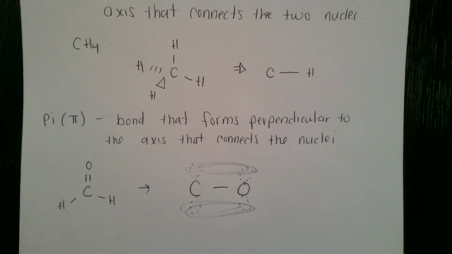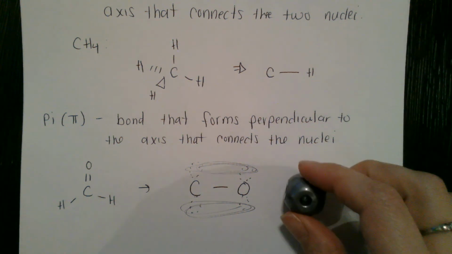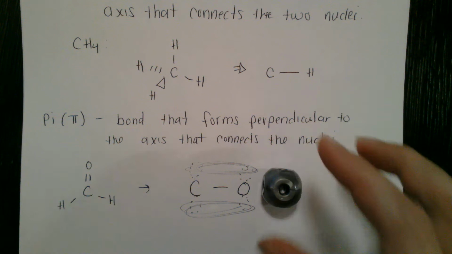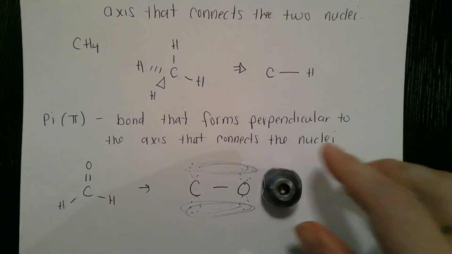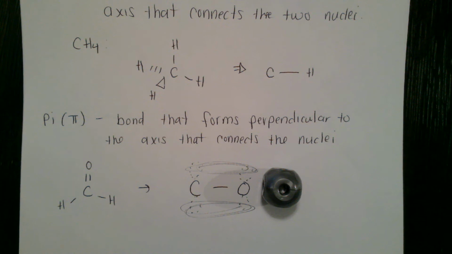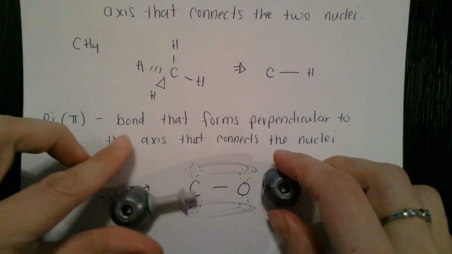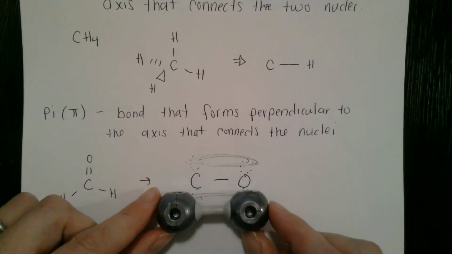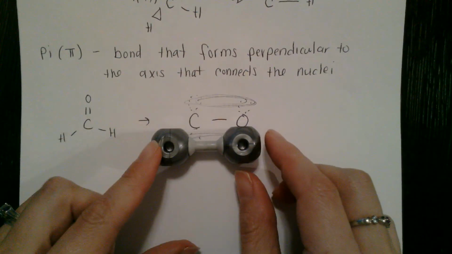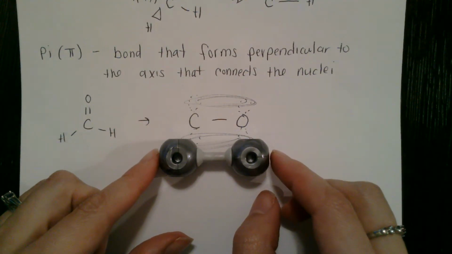Again, sigma bonds are most common, and these form first. Say this is my oxygen, and that is my carbon right there. That single bond, the sigma bond right there, forms first.